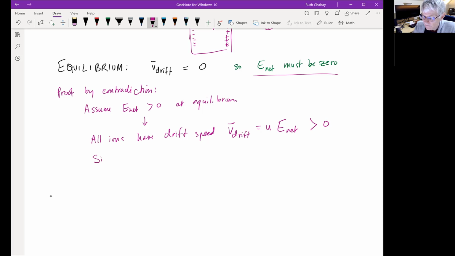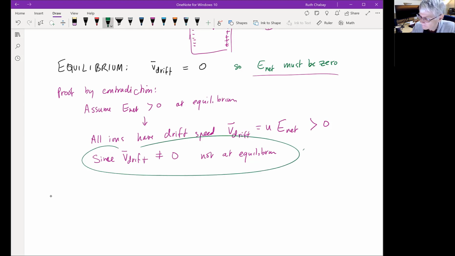And since the drift speed is not equal to zero, then we're not at equilibrium. So here's our contradiction. So that means that our assumption must be false.